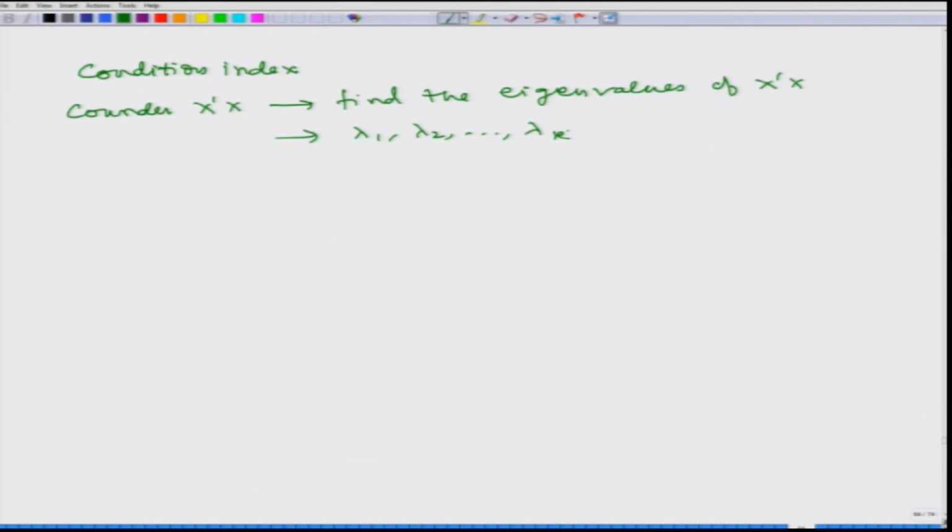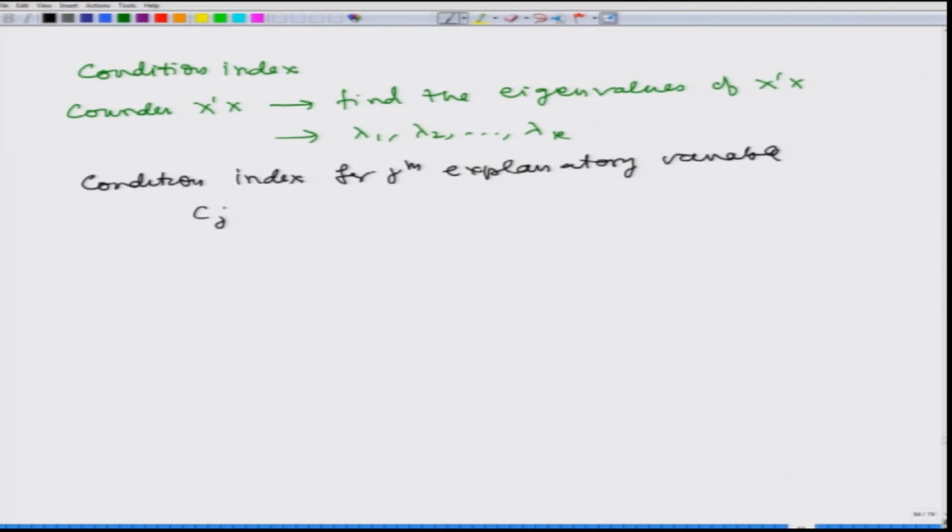Then based on that, we define the condition index for the jth explanatory variable as Cj is equal to lambda maximum upon lambda j, where j goes from 1 to k, and lambda maximum is the maximum value among lambda 1, lambda 2, up to lambda k.